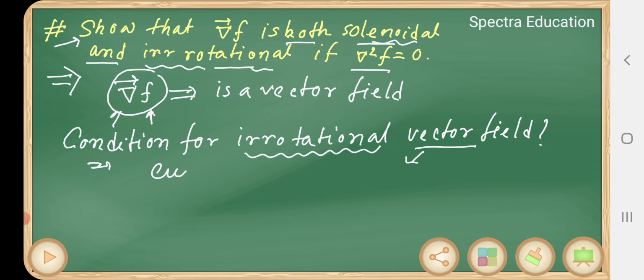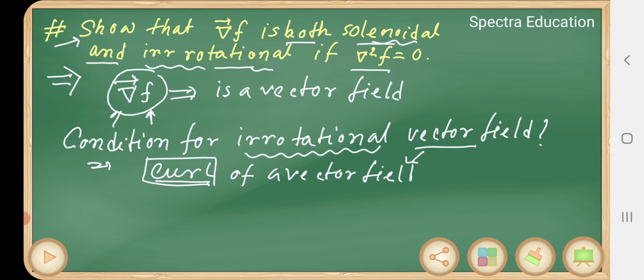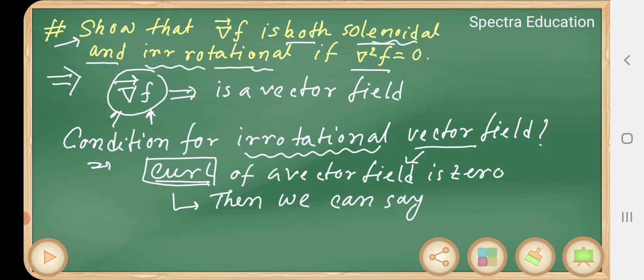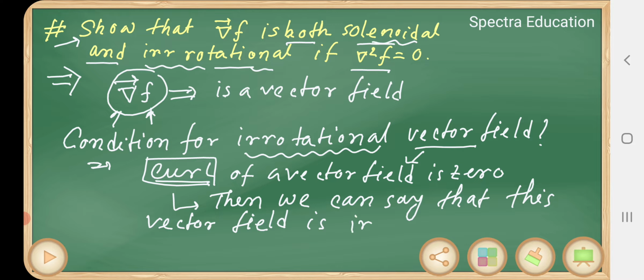Through curl, right? If the curl of a vector field is 0, then we can say that this vector field is irrotational.